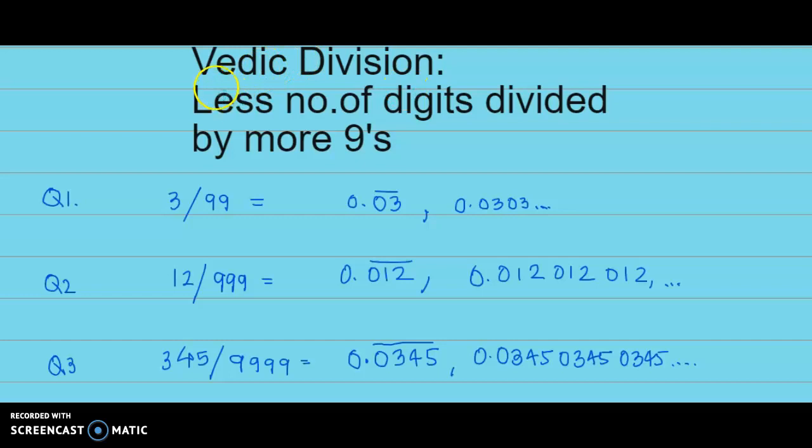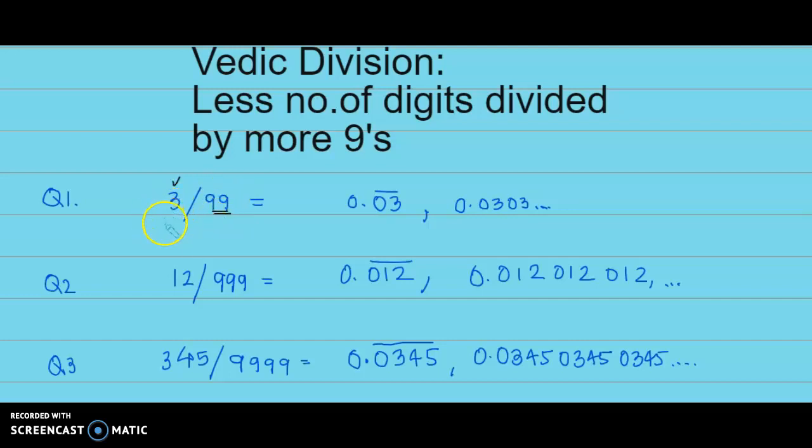As you can see here on this board, question number 1 says 3 divided by 99. So how many digits are in the numerator? 1 digit, that is 3. And how many digits in the denominator? 99, 2 digits.